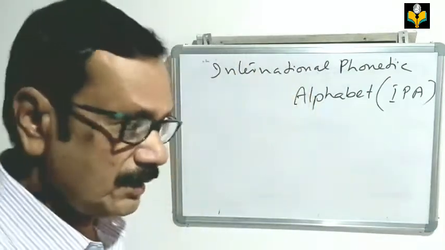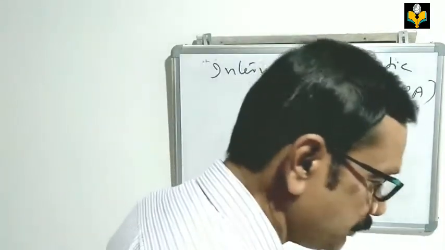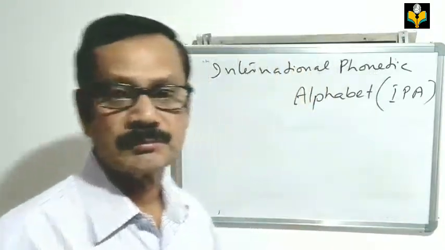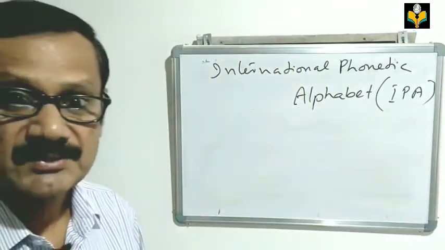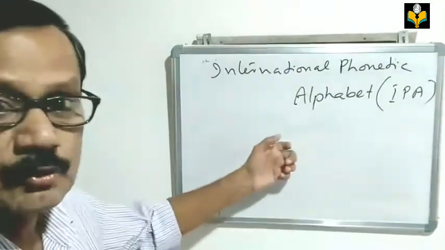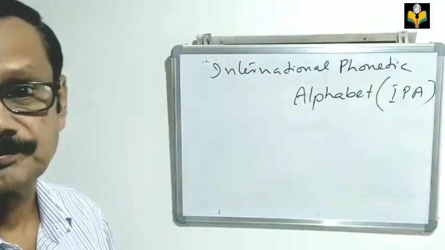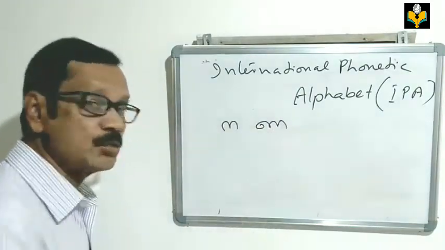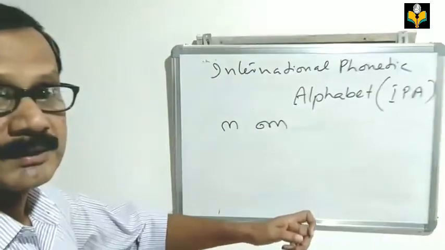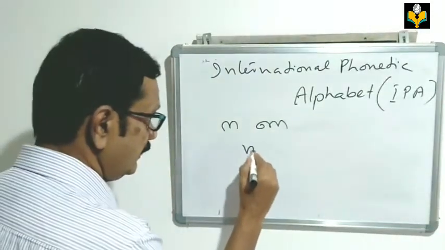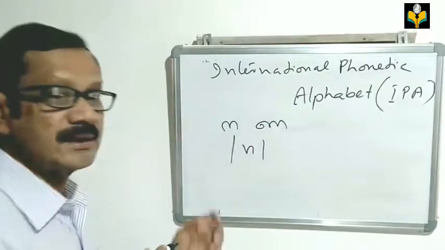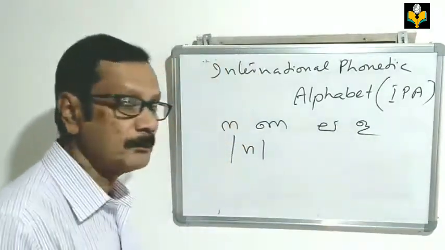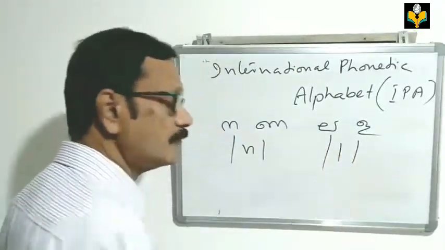So it is useful in phonetics because each symbol stands for each sound. We have seen this in phonemic and phonetic transcription. Here, la and na are two sounds in Malayalam, but English has got only one sound for them.